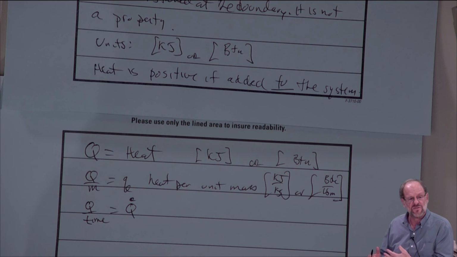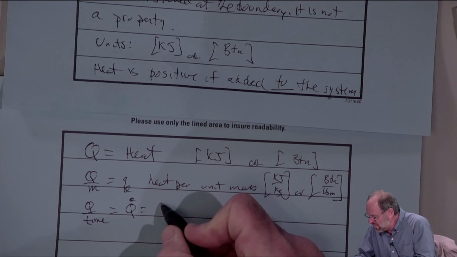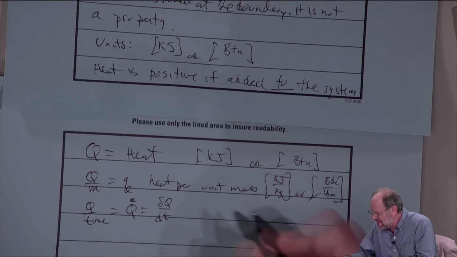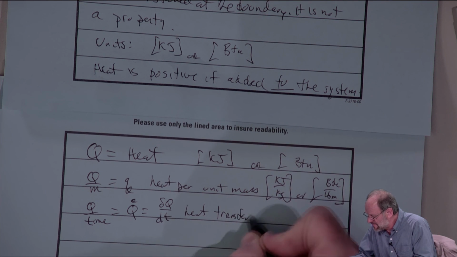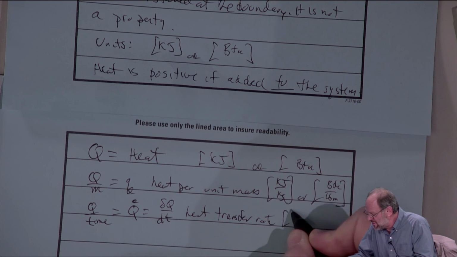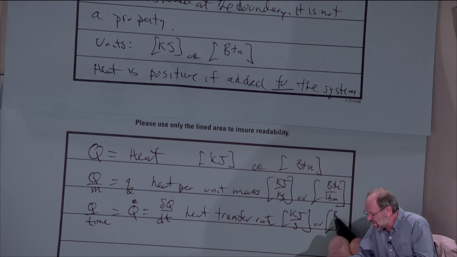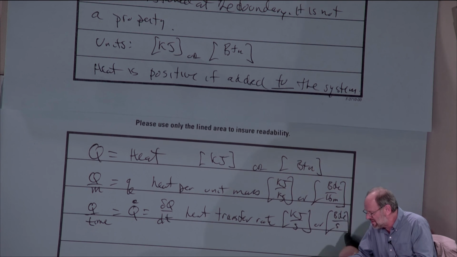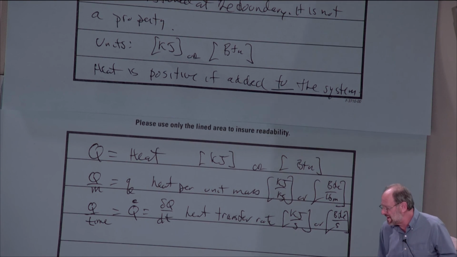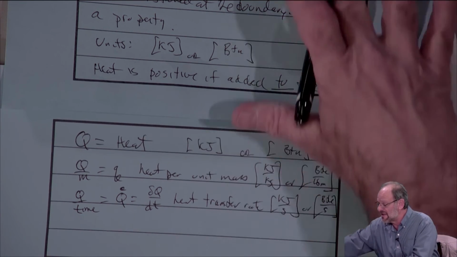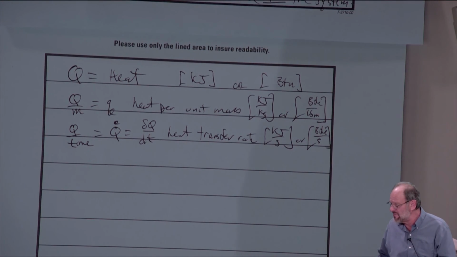The dot is just the time rate of something. So Q dot will more formally be written as delta Q dt, and this is just the heat transfer rate. So the units are going to be kilojoules per second, or typically BTUs per second, although sometimes we'll have per minute or per hour, but typically we're just going to use per second as the time units here.